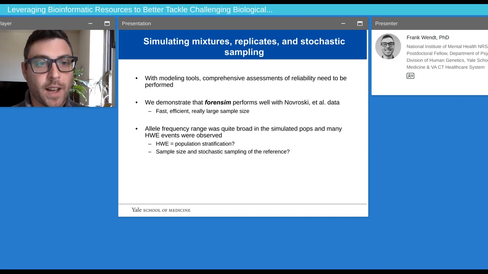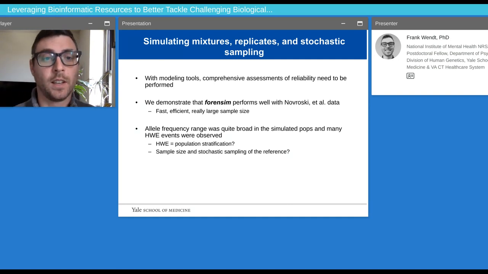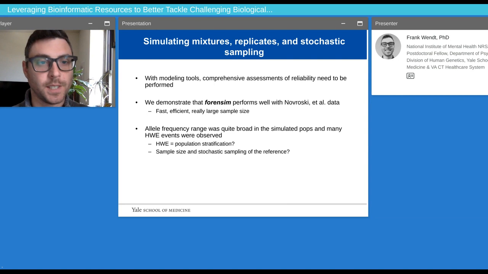We did identify a number of Hardy-Weinberg equilibrium deviations, and we think in combination this could indicate that there may be some residual population stratification induced by the Forensim procedure. This is likely a result of us simulating the exact sample size of Novroski et al.